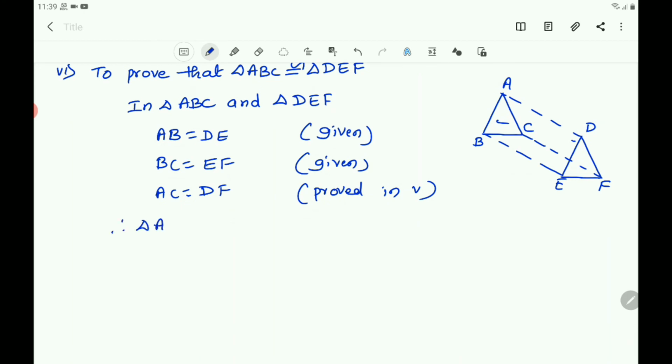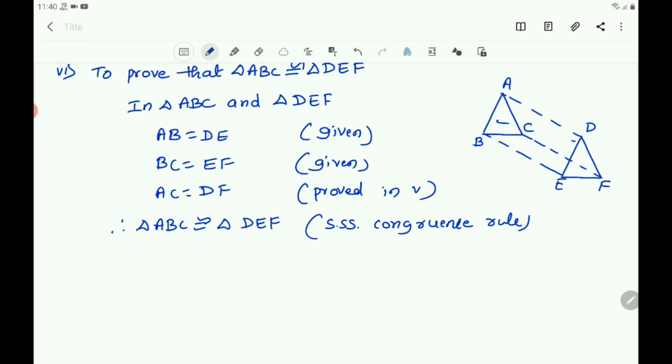Therefore, triangle ABC is congruent to triangle DEF by the SSS congruence rule.